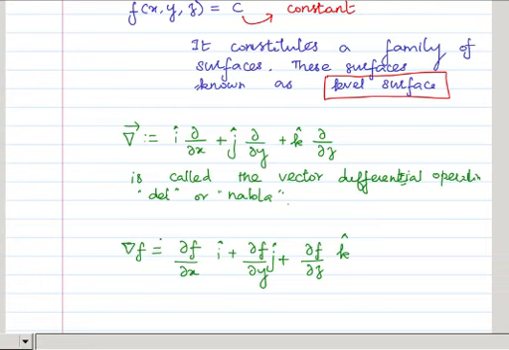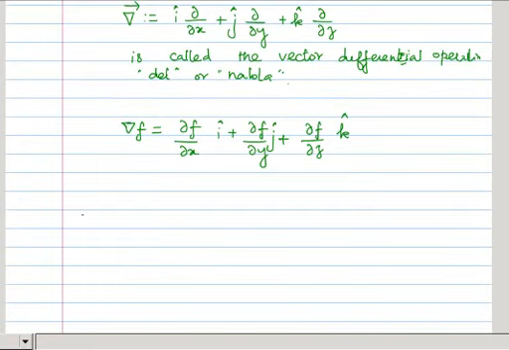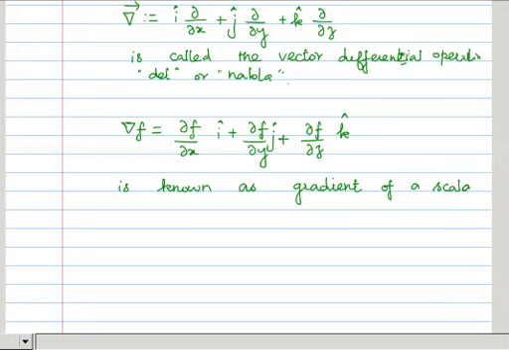This is called the gradient of a scalar point function for a region R.